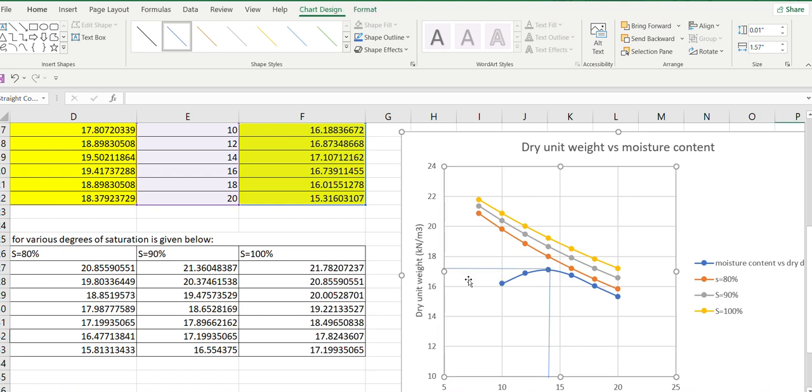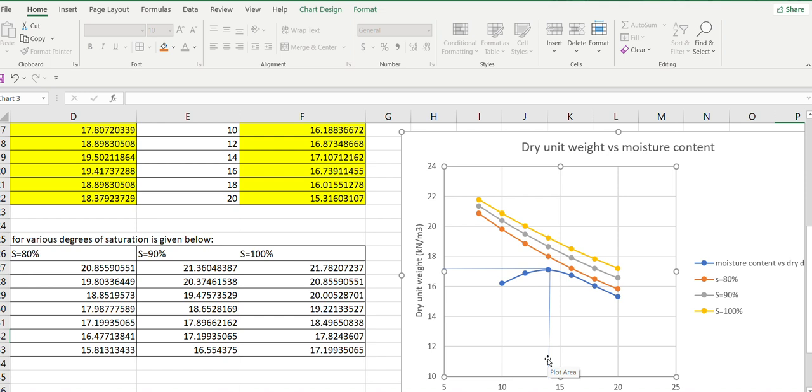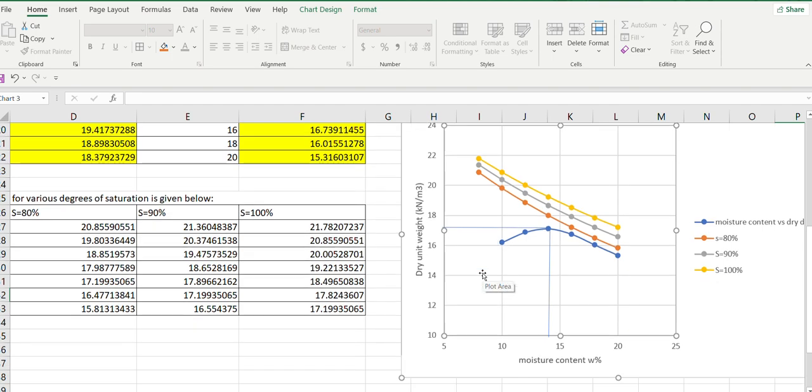So this becomes approximately 14, and the moisture content comes in the range of 14 and the dry unit weight will be in the range of 17.